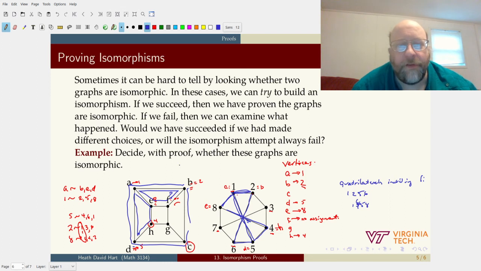Well, it has to connect 1 with the vertex that E represents. And so it has to include 1 and 8. And it has to include 2. So it has to include these 2 sides here. I'll change colors again.